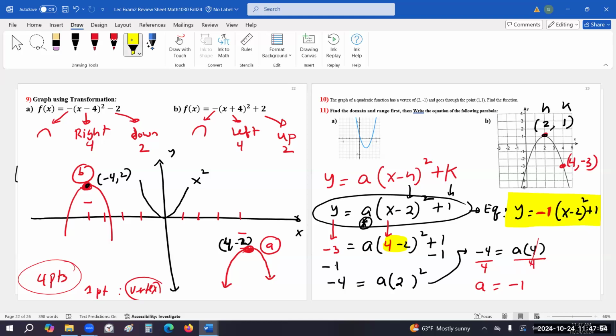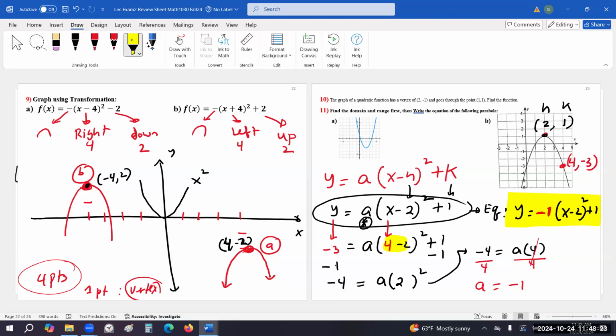Our goal is to get the A alone. So I need to get rid of everything that we have with the A. It doesn't matter what they give you.